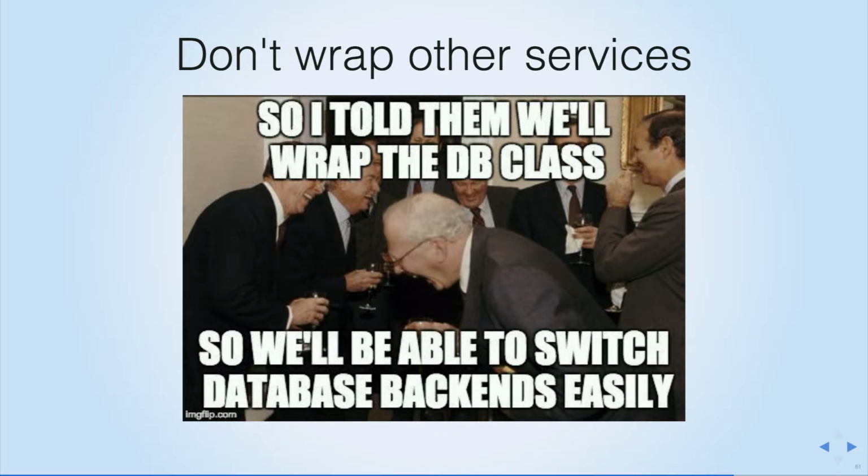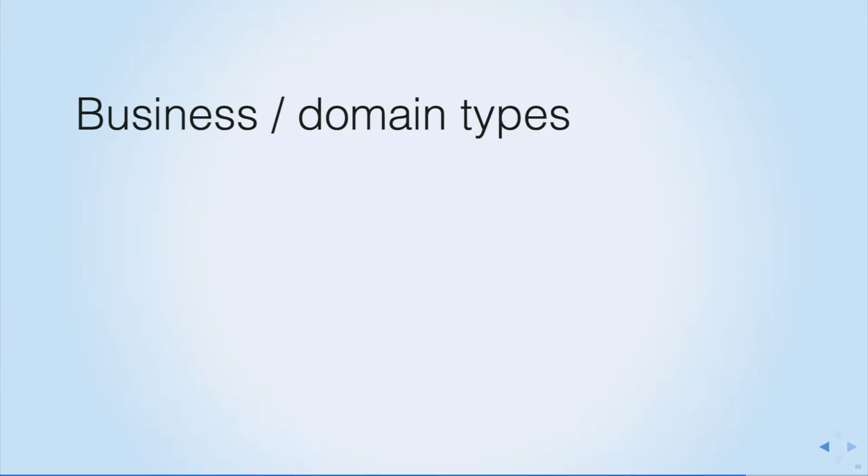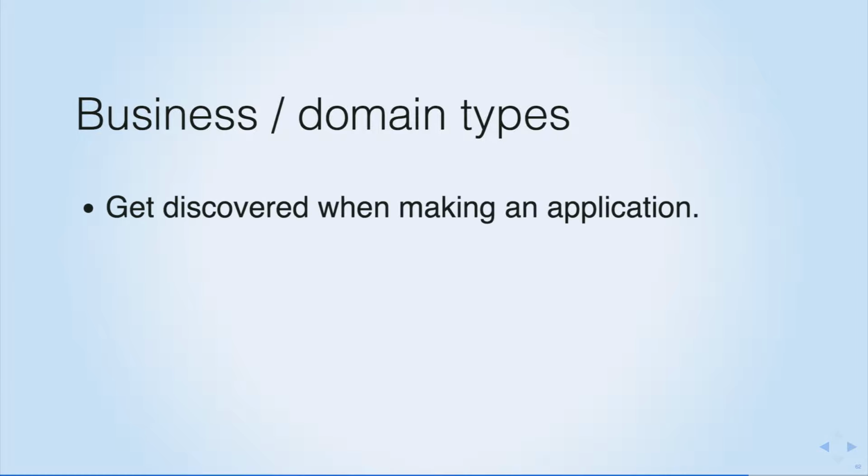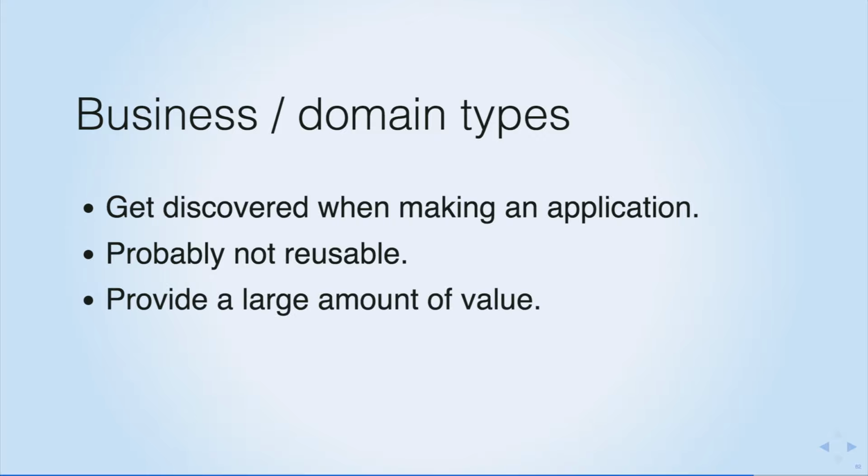What you want to do instead is to move the interface you create one level higher. You want to move it to where your business and domain types are defined. So these are types that emerge from your app's business needs. They're going to be the interfaces that create the most value for you, in the sense of making your code easy to reuse across your application.